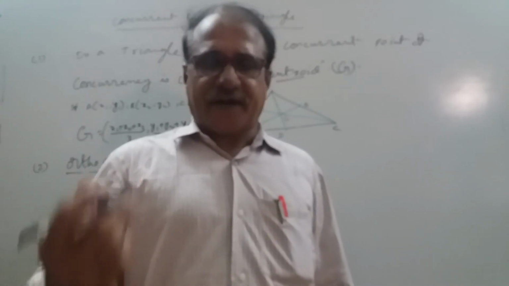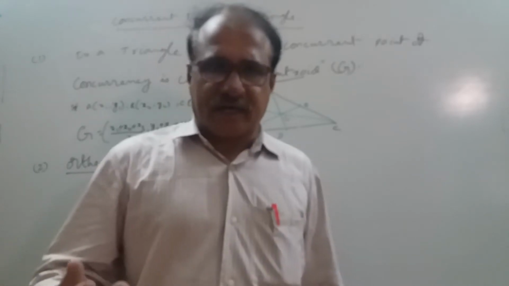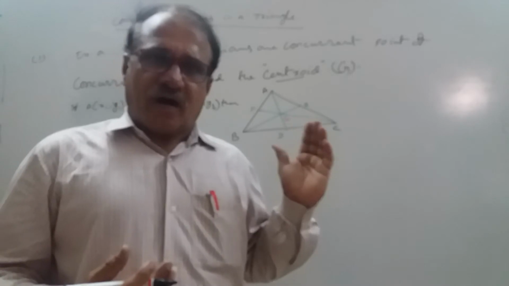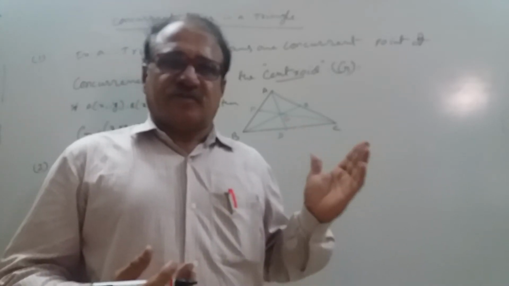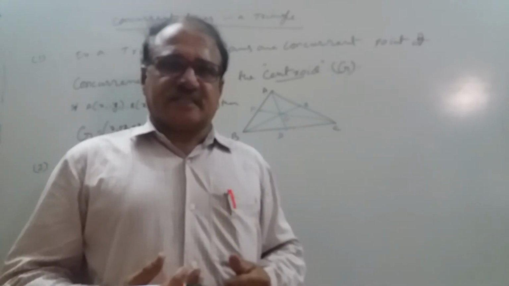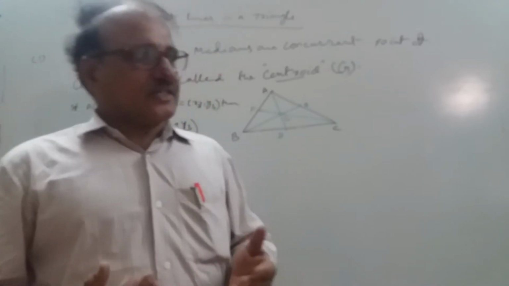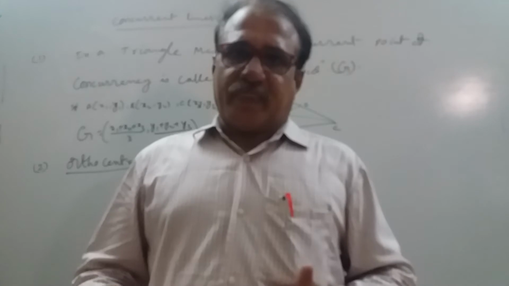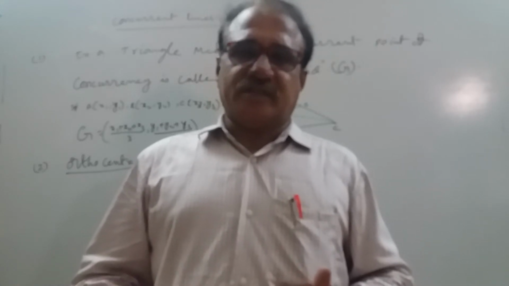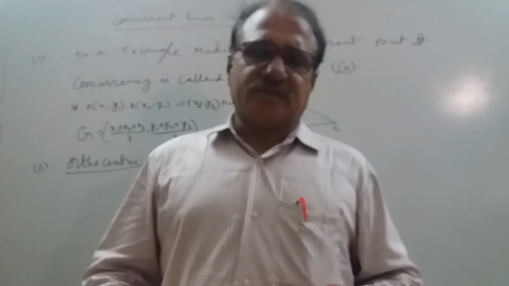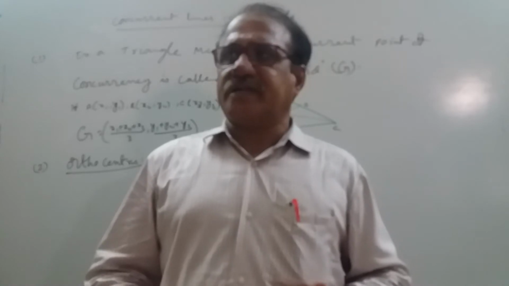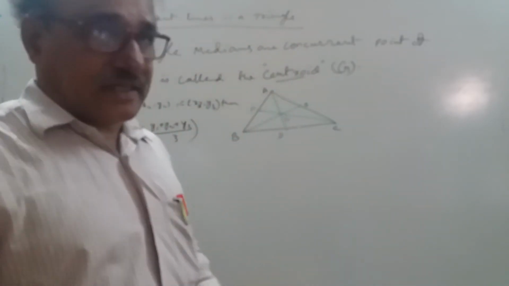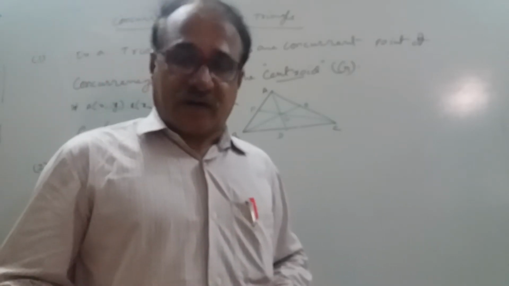Altitude is nothing but height. Perpendicular lines drawn from a vertex to the opposite side are called altitudes. The three altitudes pass through a point, so the three altitudes are concurrent. The concurrent point is known as the orthocenter. It is generally denoted by O or H.